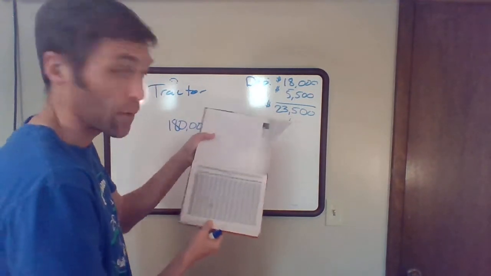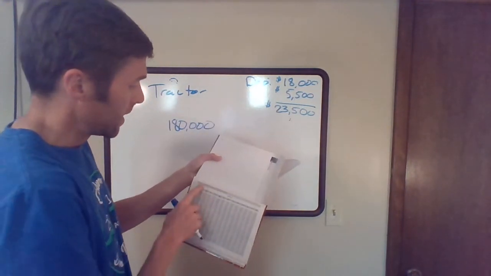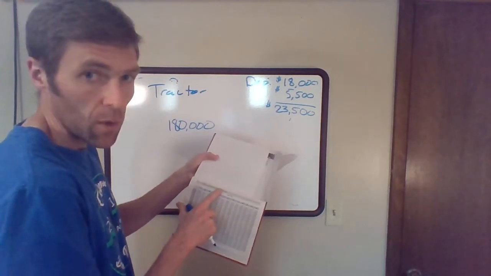There it is on page 447 in the red book. Amortization factor for equal total payments.